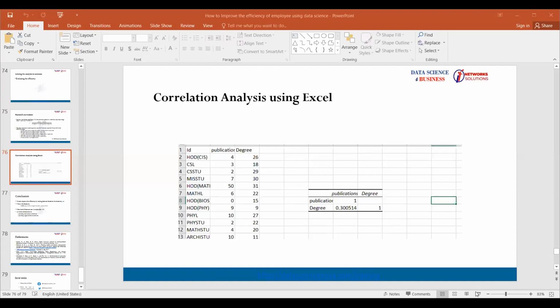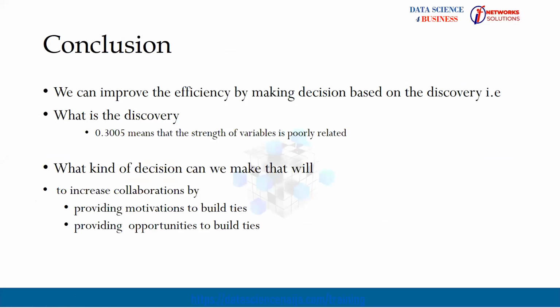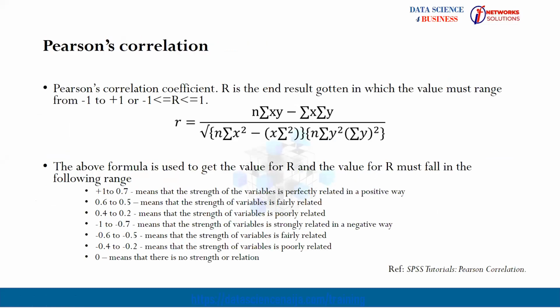So now this is what we want to calculate in Excel. So this is the correlation results that we got. For us to be able to understand these correlation results, I just want to show us this Pearson correlation because that's what Excel used. So usually this is the formula that was used to calculate it, but we now have these interpretations.